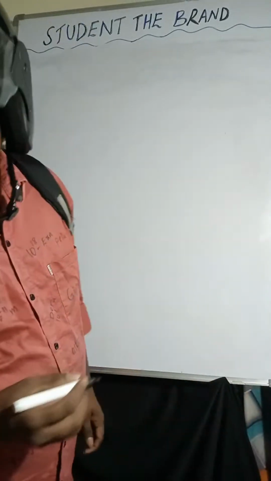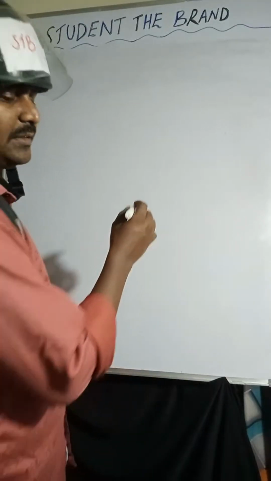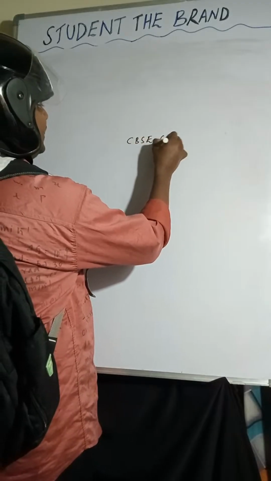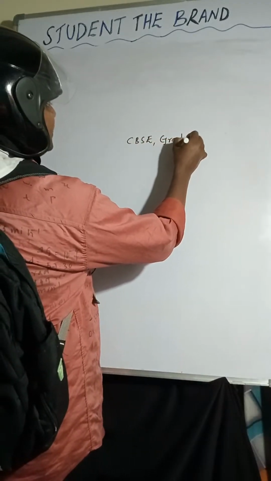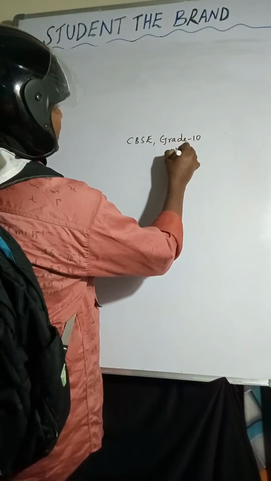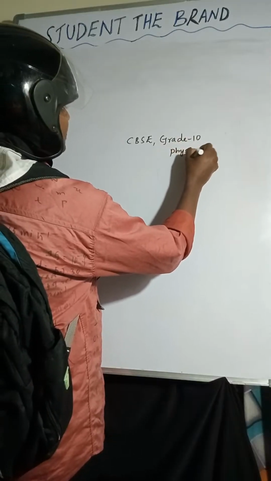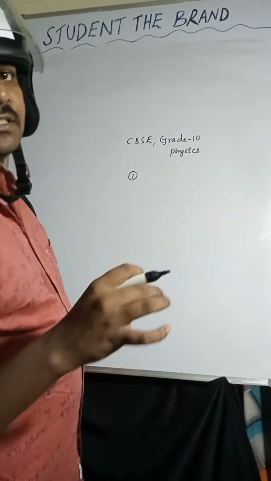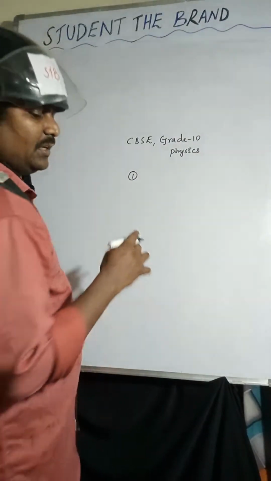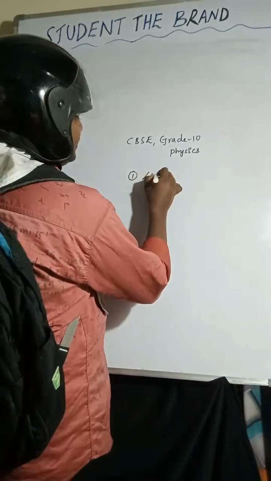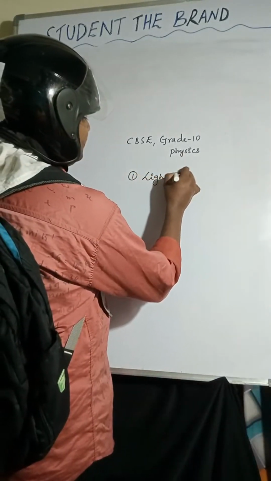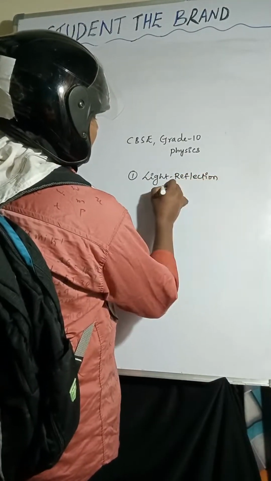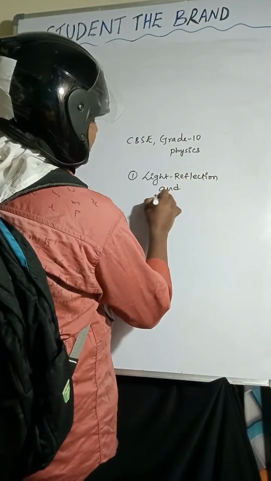In CBSE Grade 10 Physics there are four chapters. The first one is light reflection and refraction.